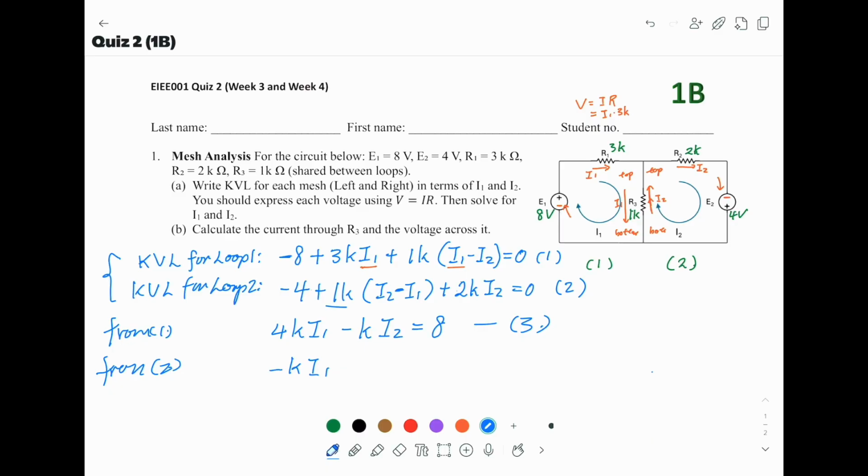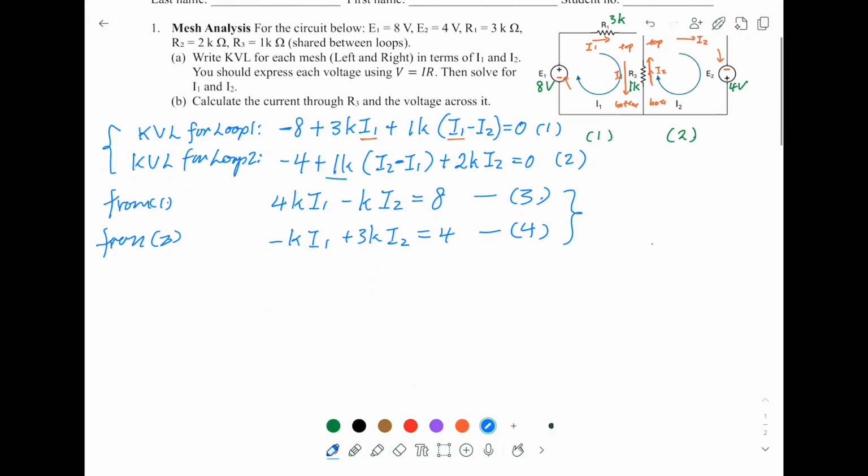For the I2, you will have positive 3k I2, and you put the 4 from the left side to the right hand side. So you have a set of equations. It's much easier to manage.